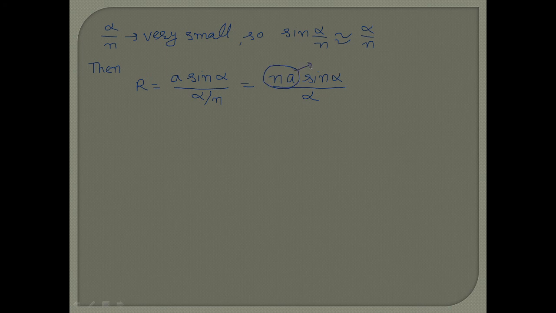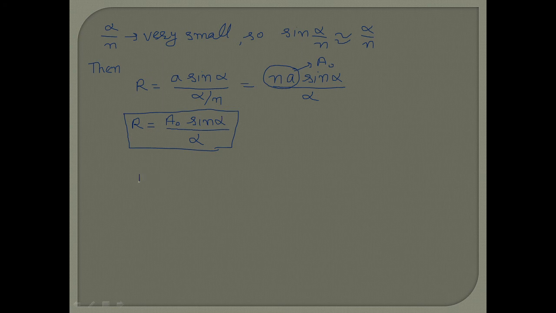Let me consider this value as another constant, A naught. Then R is equal to A naught sin alpha divided by alpha. This is the value of resultant amplitude due to a number of slits.